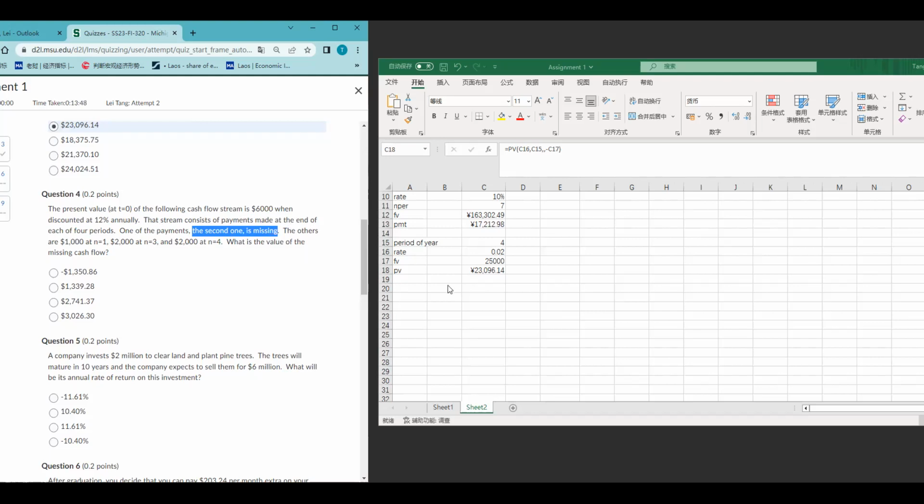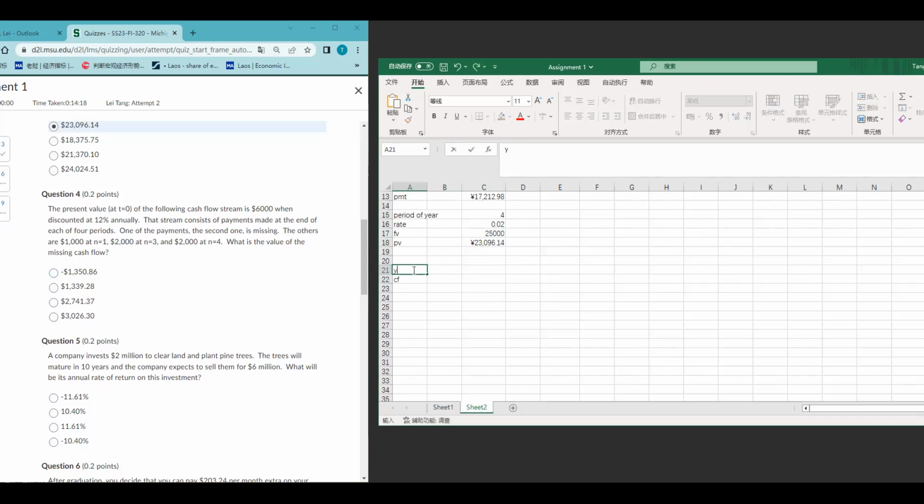Okay, what we know. Since we find a lot of numbers and information from the question, the first step is to make a list of those numbers. The first thing, the cash flow.